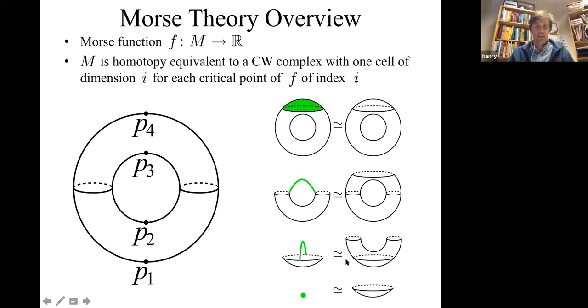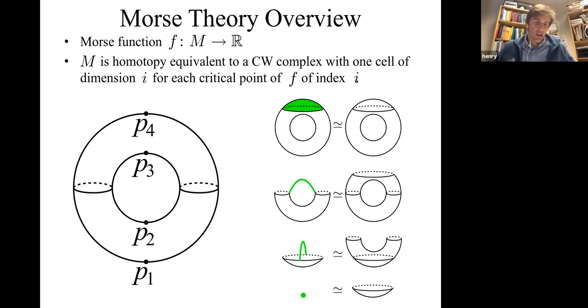So on the left, we have various critical points of height. P1, P2, P3, and P4 are our critical points of the height function. When you're nearby one of these critical points, if you move in your space, your height is changing with a derivative of 0. And these critical points have indices associated to them.